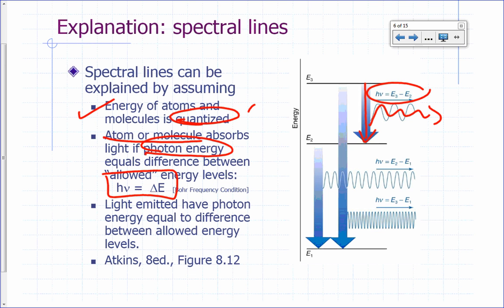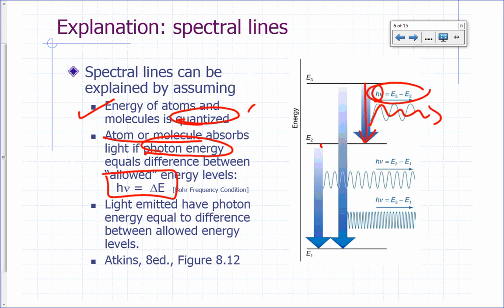So if it loses an energy equal to E3 minus E2, then that would correspond to the photon energy. It's like saying if my bank balance drops from $250 to $100, that means $150 must have left. And so that has to be carried away by the photon.